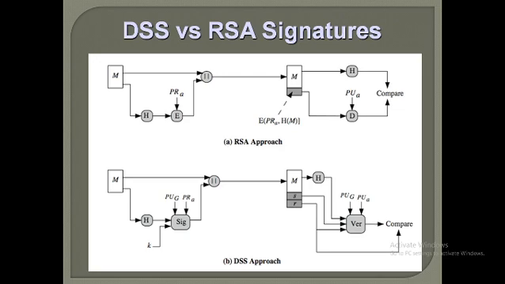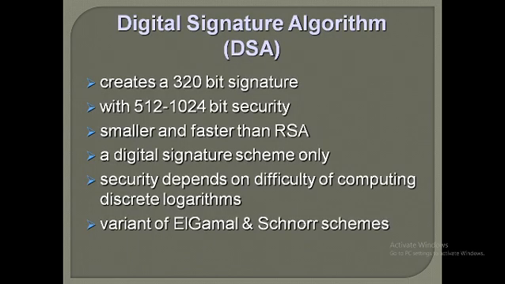It is a complicated approach where it uses modular exponentiation, prime numbers and other things. DSA creates a 320-bit signature or 160-bit signature based on the SHA values, and then we have 512 to 1024-bit security.